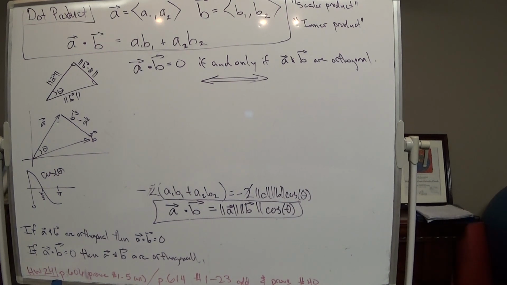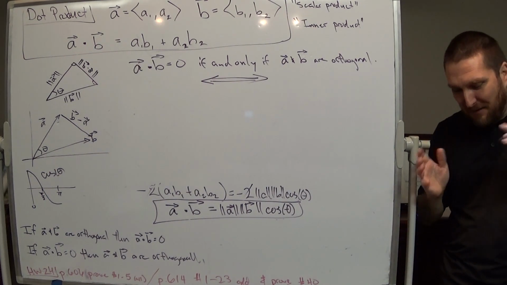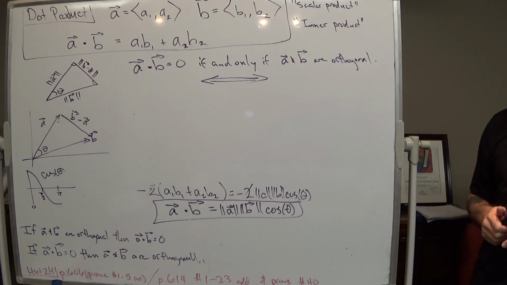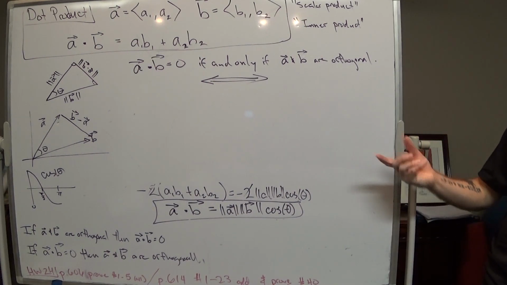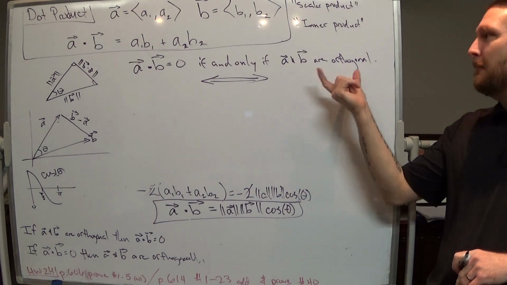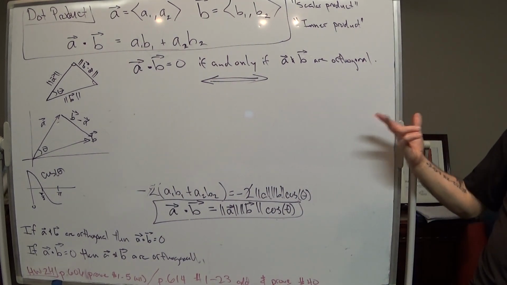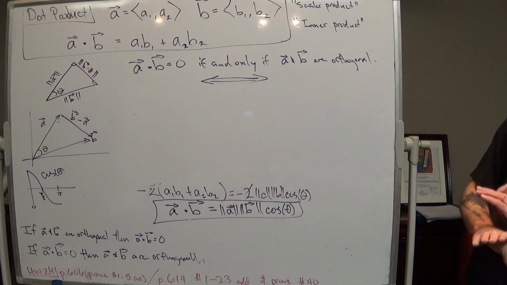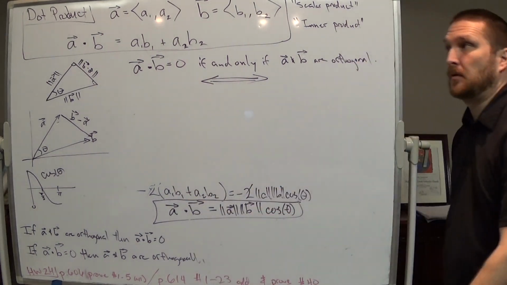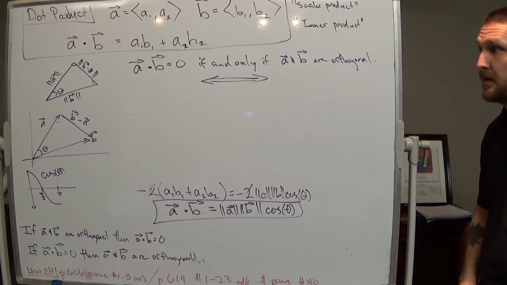It means the same thing. What does it mean for a dot product to be 0? It means that your vectors are orthogonal. What does it mean for your vectors to be orthogonal? It means that this is true. Saying one gives you the other. So in your homework, when you're asked to show that two vectors are orthogonal, if you can show that this is true, you've got it. That's what you're trying to do.